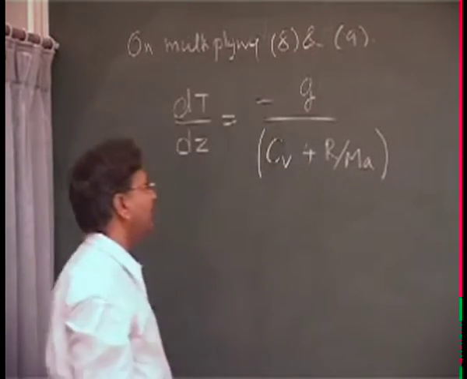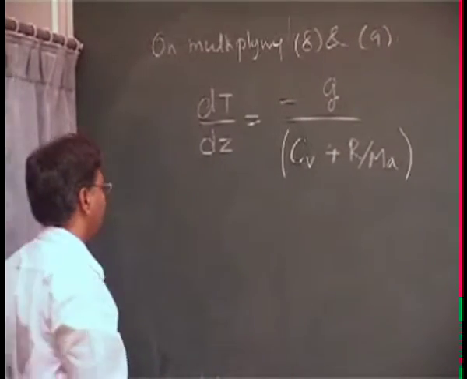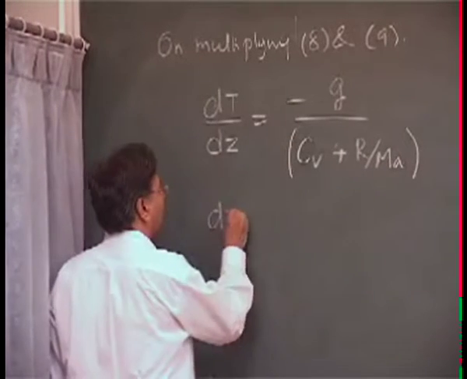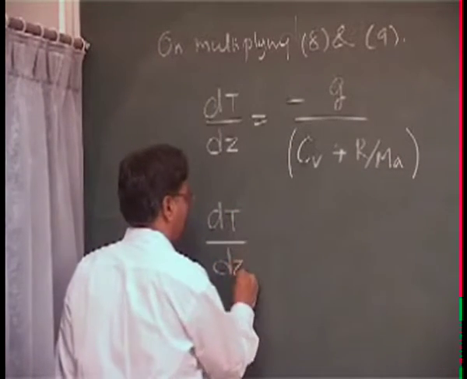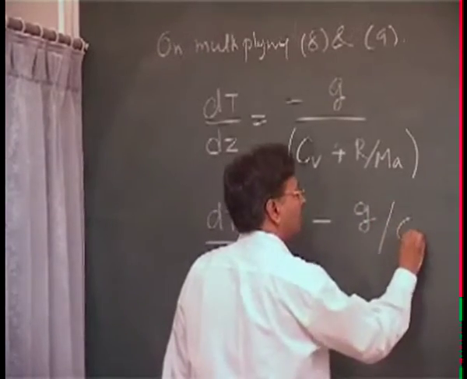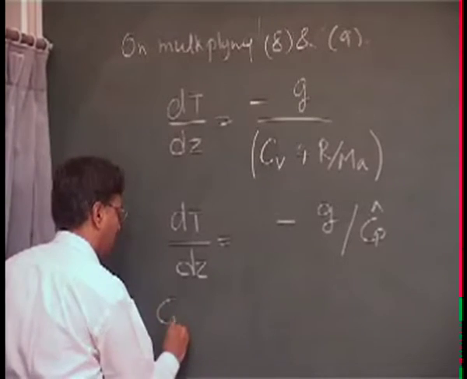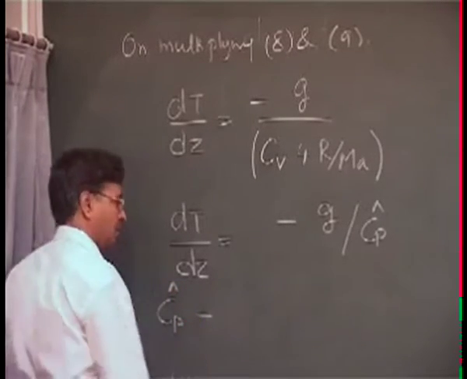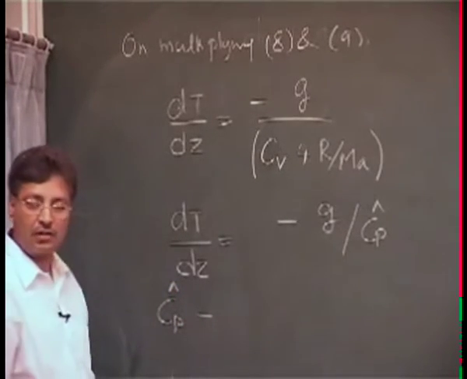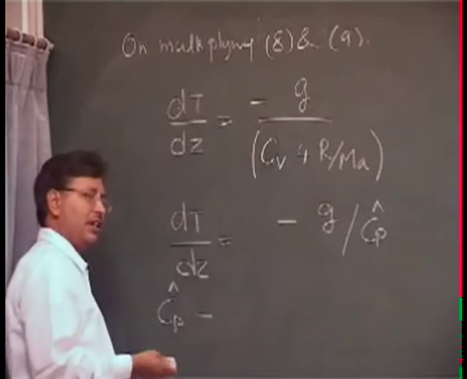If you agree with this, it can also be written in terms of Cp hat, the specific heat at constant pressure for unit mass, or specific heat capacity.